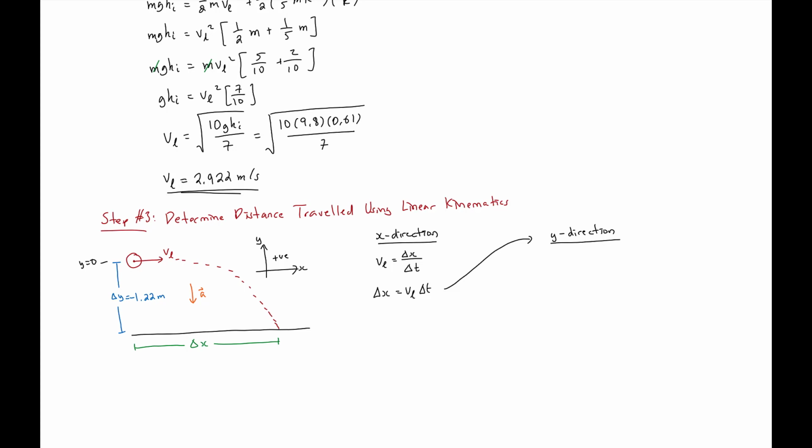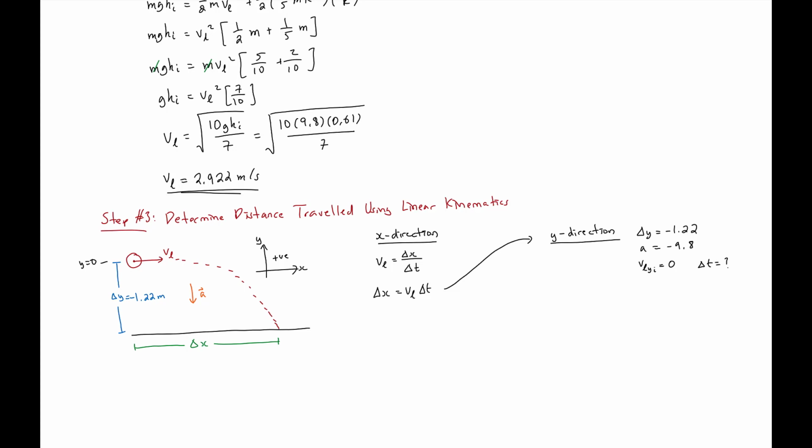So we're given delta y is equal to negative 1.22, acceleration is equal to negative 9.8, the vertical velocity is equal to 0. So let's verify this. VLYI is equal to 0, and we're looking for t.